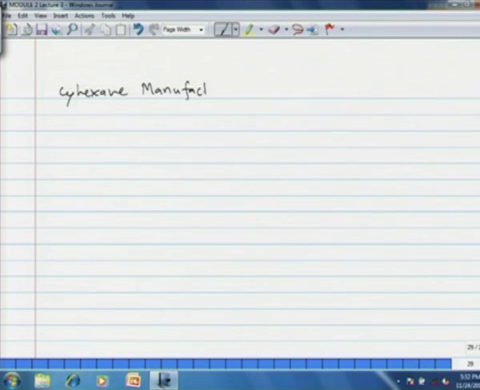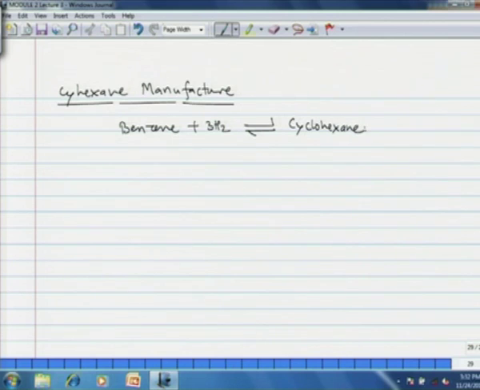Now, here hydrogenation of benzene is carried out through a reversible reaction. Now, cyclohexane and benzene are chemically similar and the relative volatility is very close to 1.